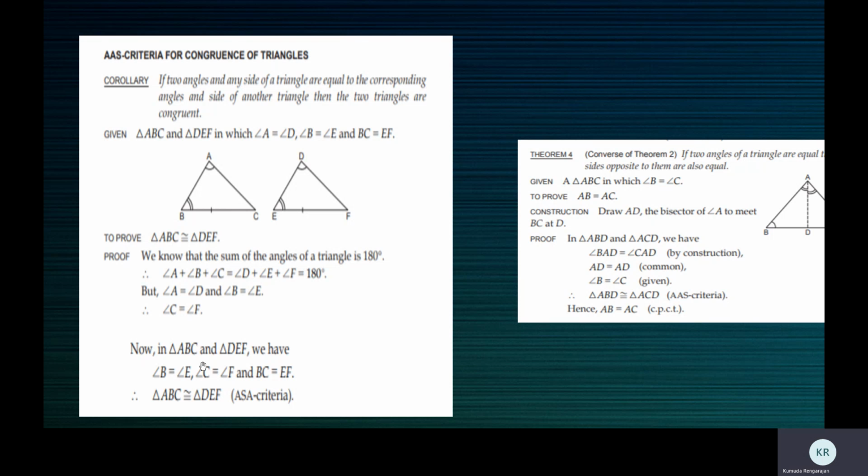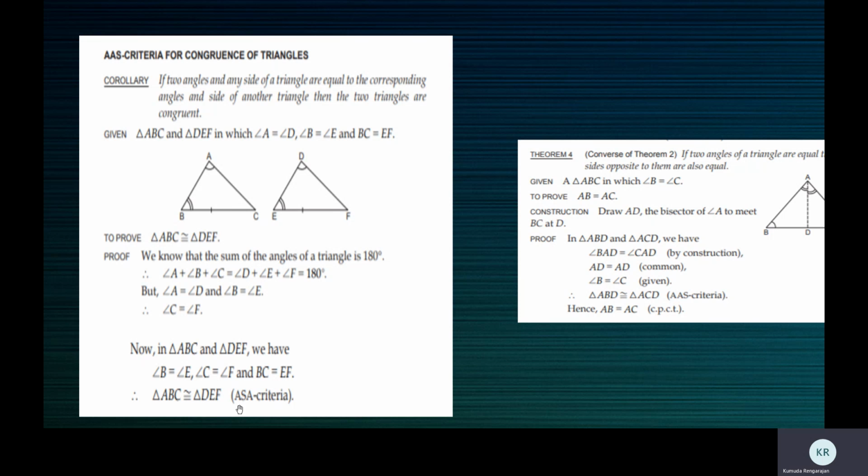See here, angle B, angle C, BC, two angles and the included side. Angle E, angle F, EF, two angles and the included side. So clearly the two triangles are congruent to each other by the ASA congruence criterion.